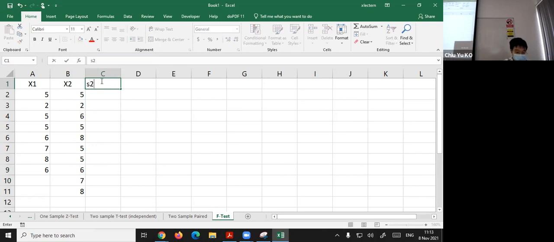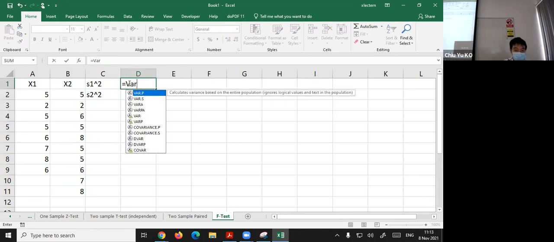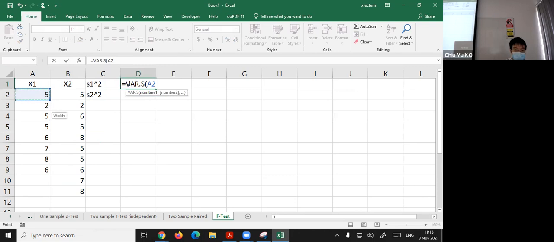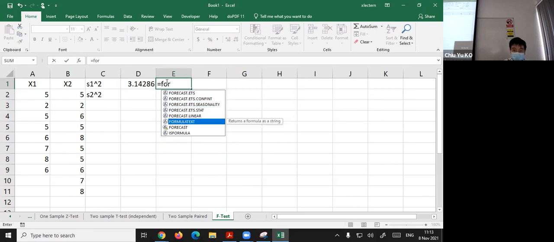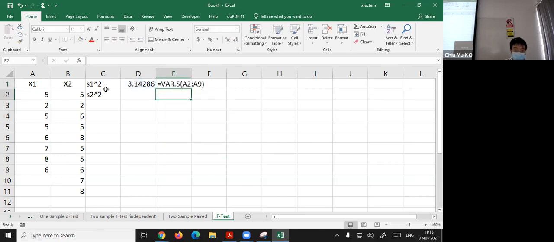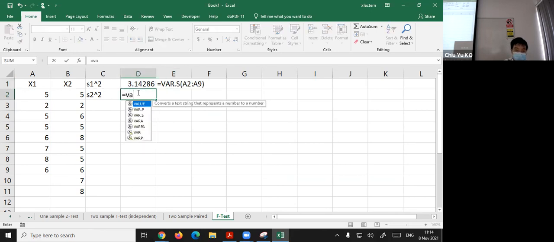So it's S1 squared and S2 squared. You calculate these two. How do you calculate S1 squared and S2 squared? This is the formula: you calculate the variance of sample 1 and the variance of sample 2.